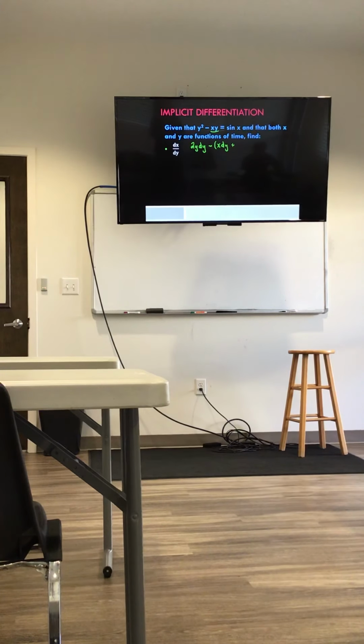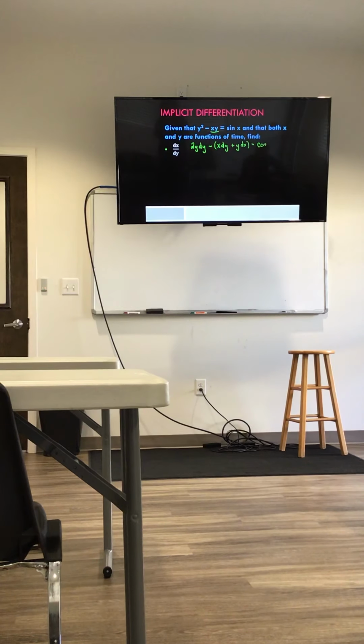A product has a plus in the middle, and then I reverse it. I now take the second term, which was the y, and then the differential of the first term, the differential of x. It is dx. Again, rotating the exponent down makes 1x to the 0. x to the 0 disappears, so I just have the dx left in our question. Do the same process on the right side. We have a sine x. What is the derivative of sine x? Cosine x.